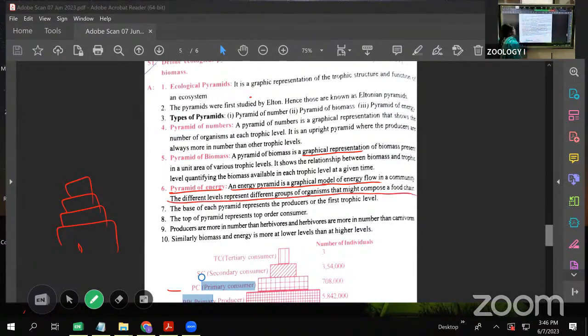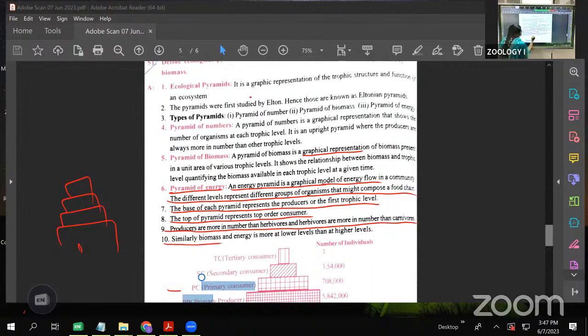The base of each pyramid is represented by the producers, which are the first trophic level. The top of the pyramid is represented by the consumers, and the producers are more in number than the herbivores, which are more than the carnivores.